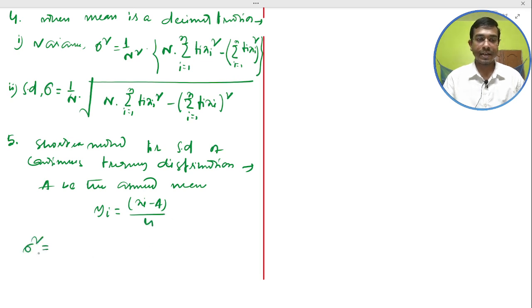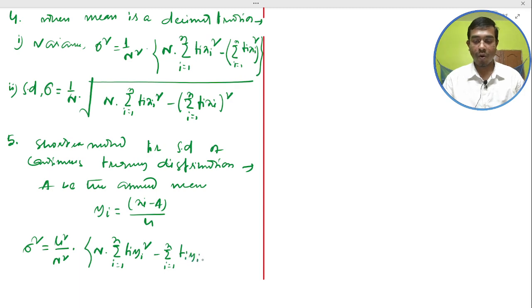So the variance, that means sigma square, is h square by n square, times n into the summation i equals 1 to n of fi yi square minus the summation i equals 1 to n of fi yi, whole square.